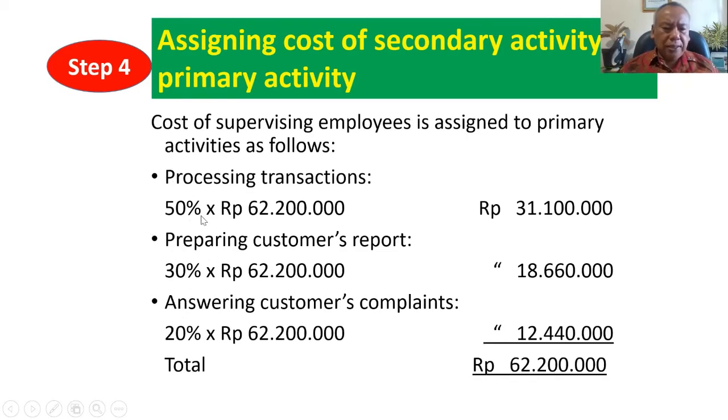In this case, 50%, 30%, and 20% of the total supervising costs. So we allocate 31,100,000 to processing transaction, 18,660,000 to preparing the customer report, and 12,440,000 to answering the customer complaint.